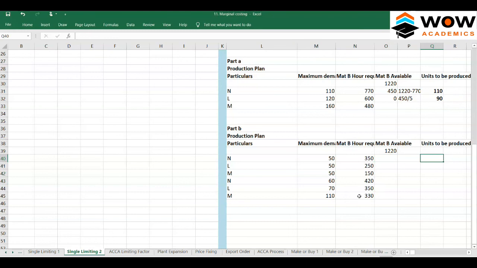We can produce 50 of this, 50 of this, 50 of this, and even 50 of this. Okay, so if you want, we'll put it here. Okay, so up to here, how many kgs have gone? 1170 kgs is gone. So out of 1220, 1170 kg is gone.